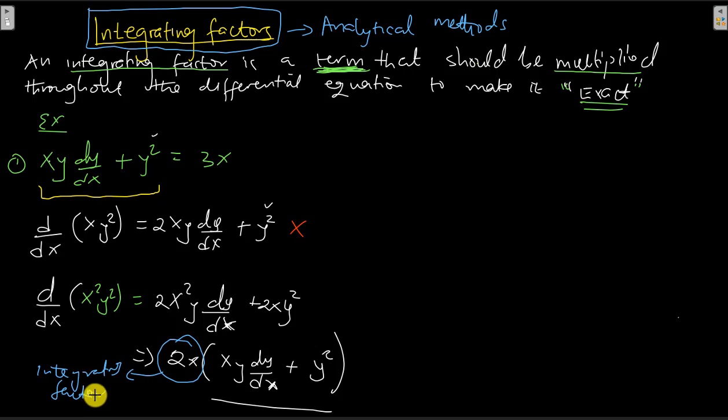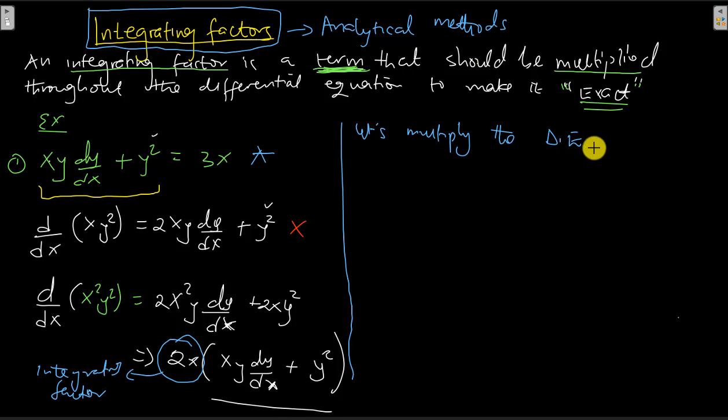So in order for us to solve this differential equation, we have to multiply the whole equation by 2x. Let's see that. Let's multiply the differential equation by the integrating factor 2x.